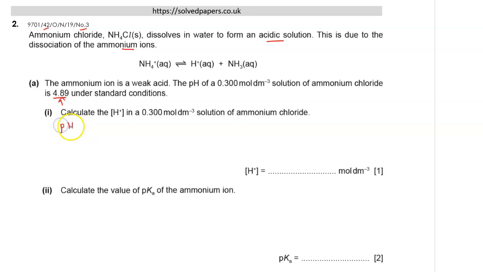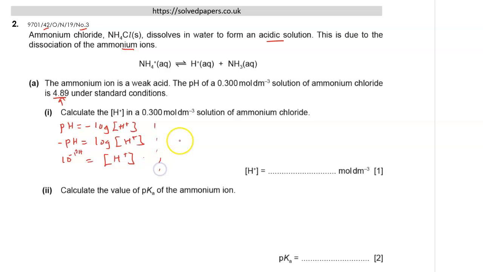So we know that pH is equal to the negative log of the hydrogen ion concentration. If I may just write this, you can take negative on both sides, so you get log of 10 to the hydrogen ions. Then you take antilogs on both sides, and this becomes 10 raised to the power minus pH, which is equal to the concentration of hydrogen ions.